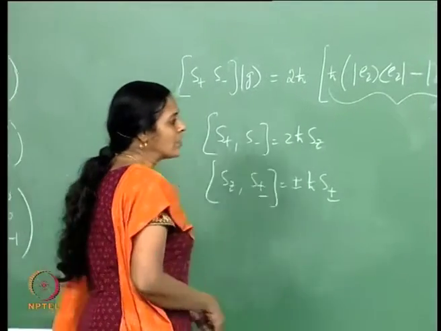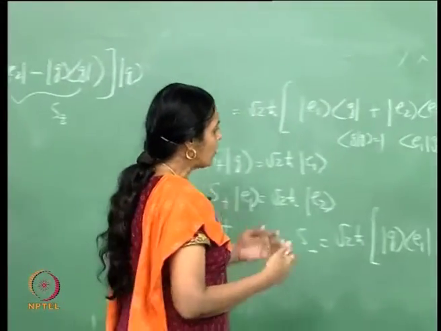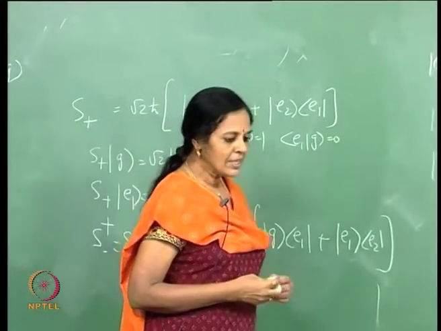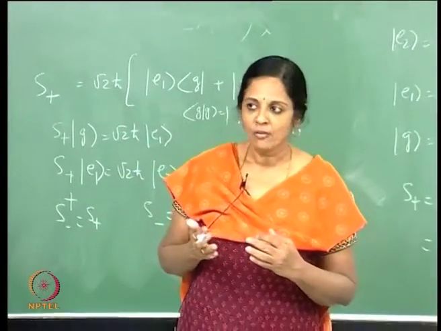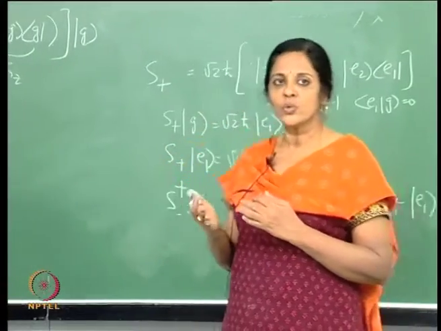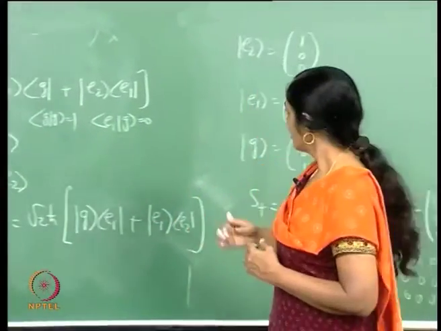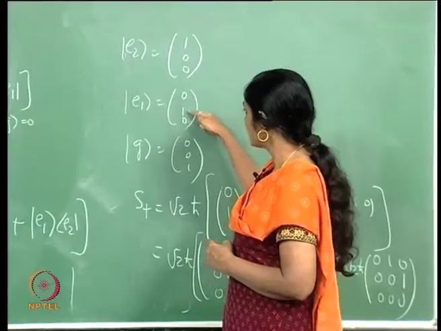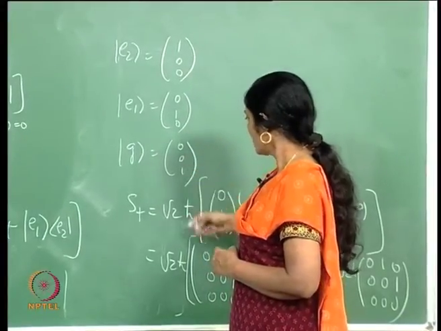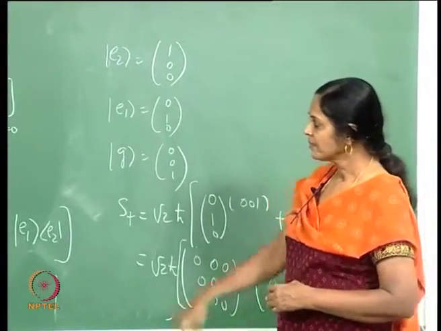So, you could work with multi-level atoms. If I had 4 levels, then clearly I have a choice of basis states. I could choose the 4 componented column 1 0 0 0, 0 1 0 0, 0 0 1 0 and 0 0 0 1.